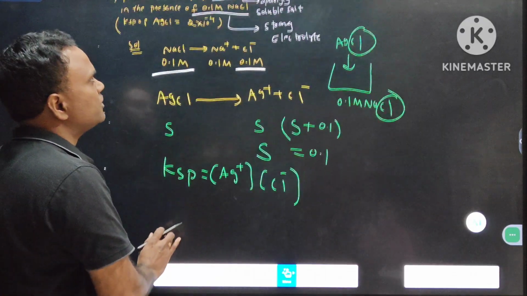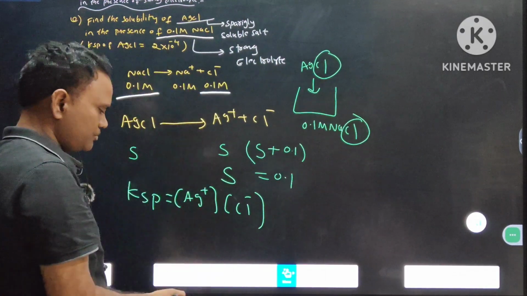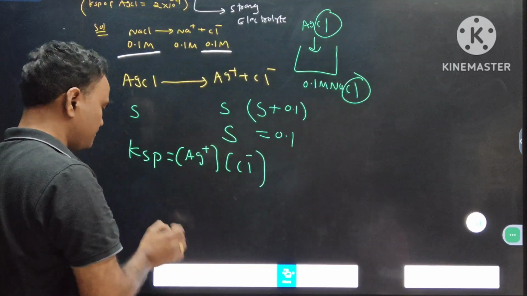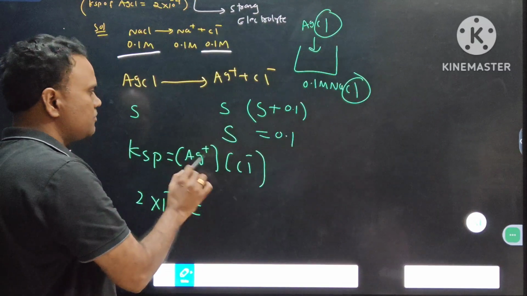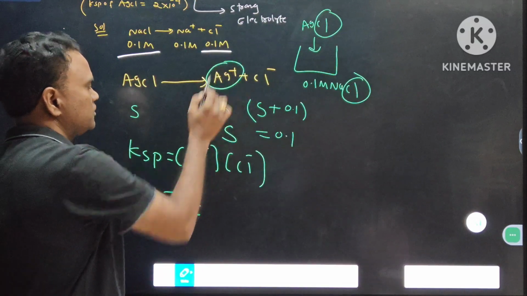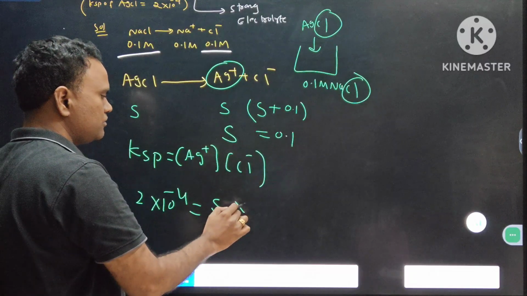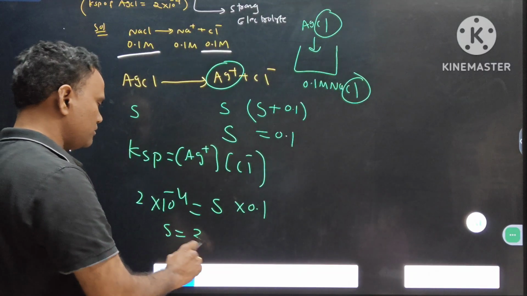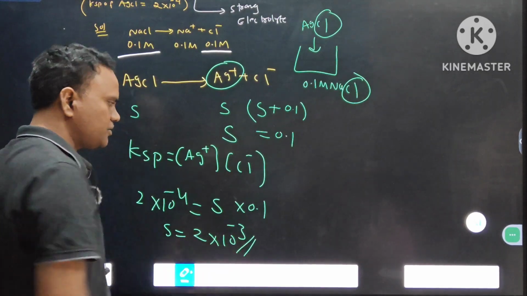What is Ksp given in the question? 2.2 into 10 power minus 4, no, 2 into 10 power minus 4. Ag plus is S, Cl minus is 0.1. Then S is equal to 2 into 10 power minus 3.